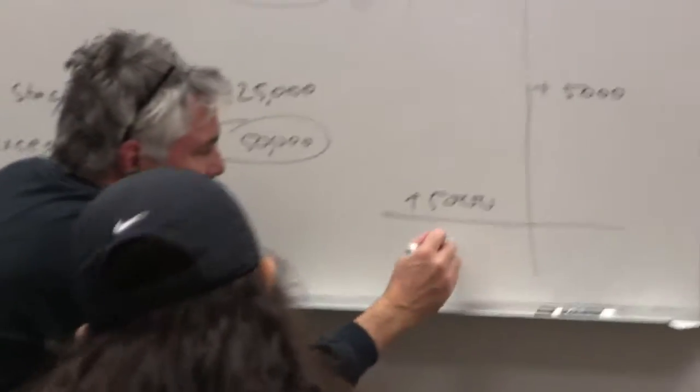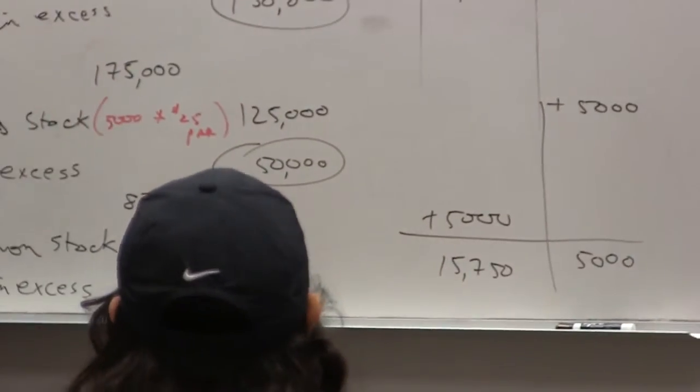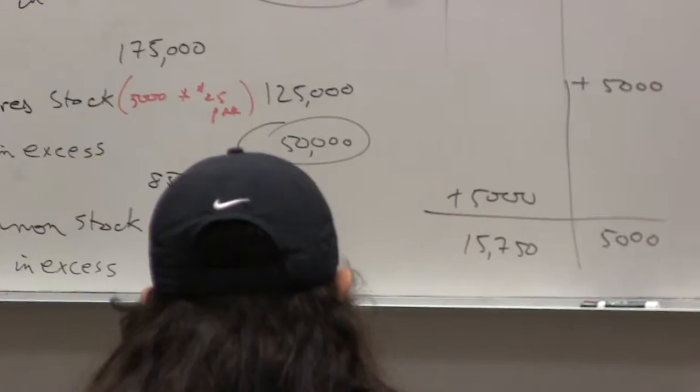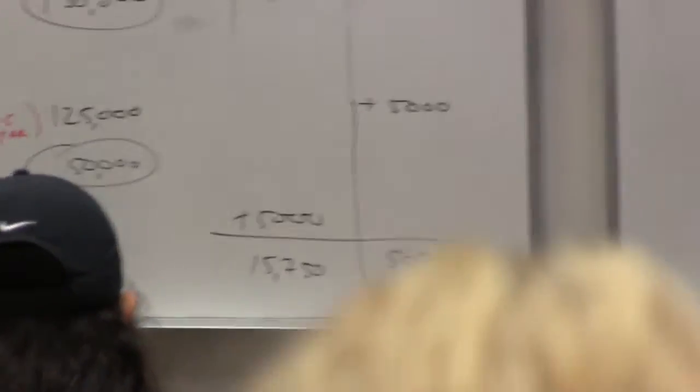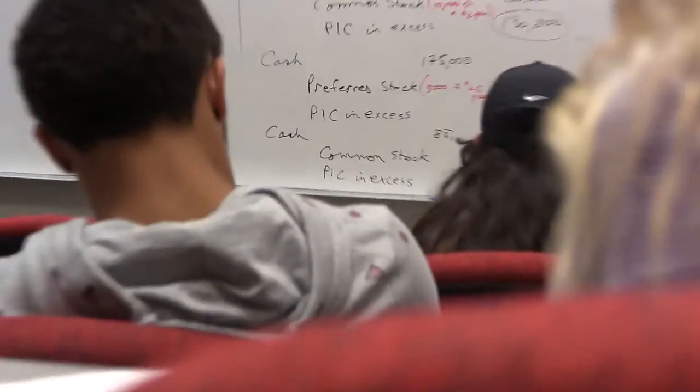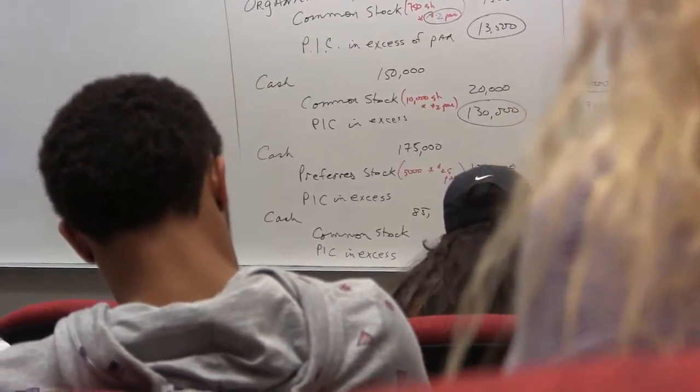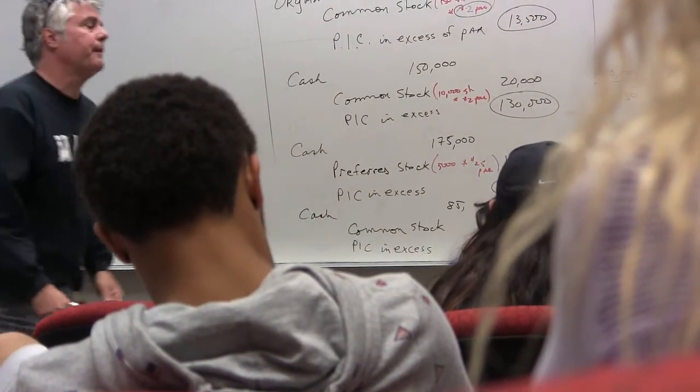So 10,750 in common, and 5,000 in preferred. All right, is everybody good? Don't make this harder than it is. There's plenty in this chapter to be hard. Don't make it this, okay? All right?